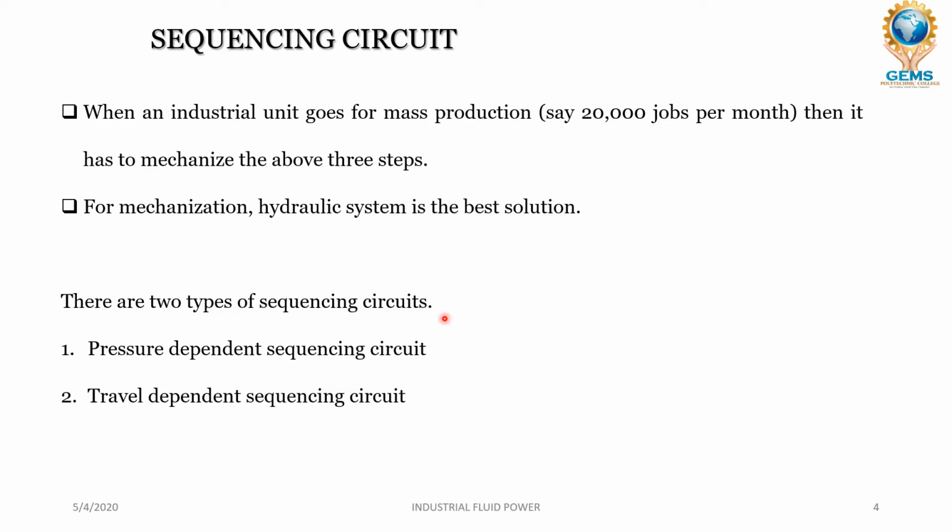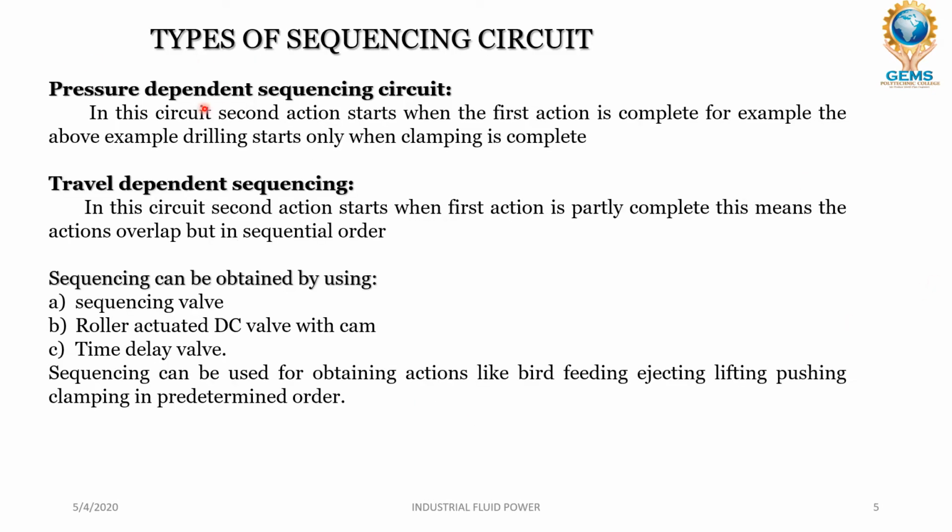There are two types of sequencing circuits: pressure dependent sequencing circuit and travel dependent sequencing circuit. What is pressure dependent sequencing circuit? In this circuit, second action starts when the first action is complete. For example, in the above example, drilling starts only when clamping is complete. Travel dependent sequencing: in this circuit, second action starts when first action is partly complete.